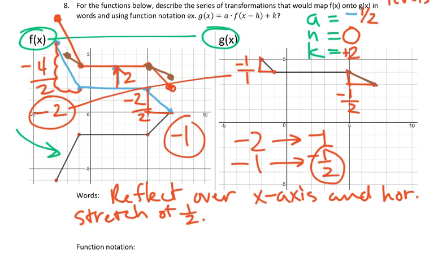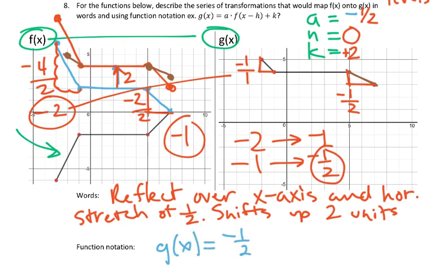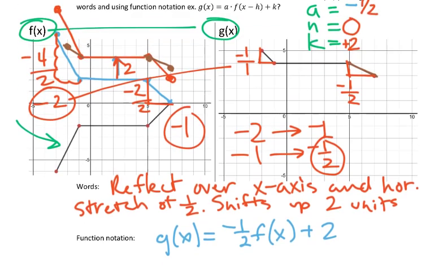Then there's no right or left shift, so then it shifts up 2 units. And in function notation, we would go g of x equals negative 1/2 f of x, because there's no h, so you could put a minus 0, but you don't have to, plus 2. Kind of a difficult problem, but that's what it would look like.